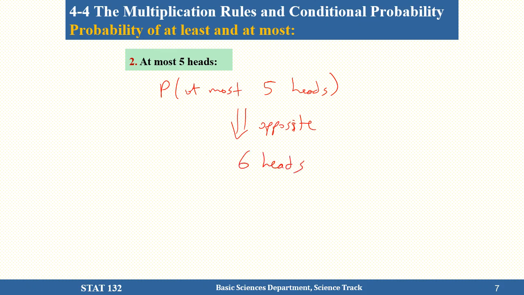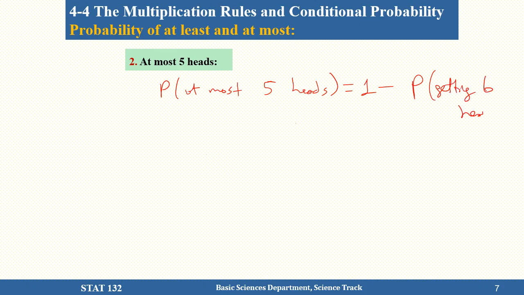So basically it means 1 minus the probability of getting 6 heads. So at most 5 heads means not getting 6 heads. So we can write it as a complement.